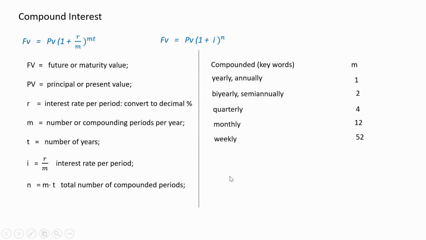Weekly means M is 52. And daily depends on the book. Some books want you to use 360, but if they don't mention 360, it's going to be 365. If it's compounded continuously, it's going to be a different formula. So we have to know these keywords to put the value for compound. These are crucial.